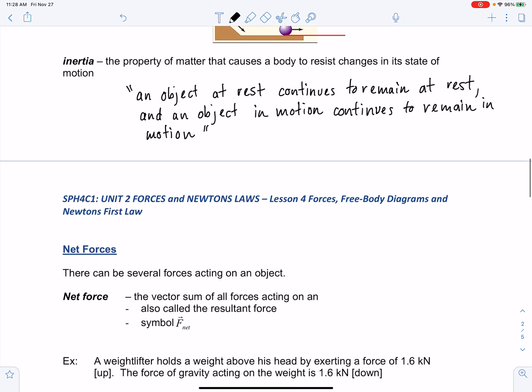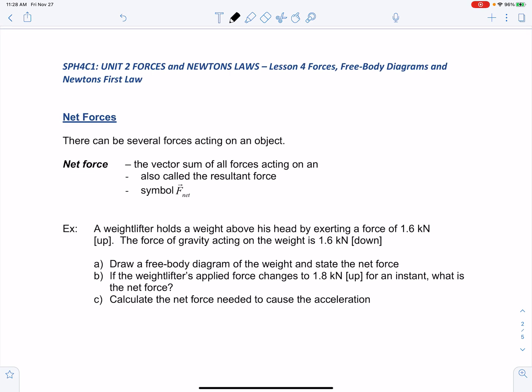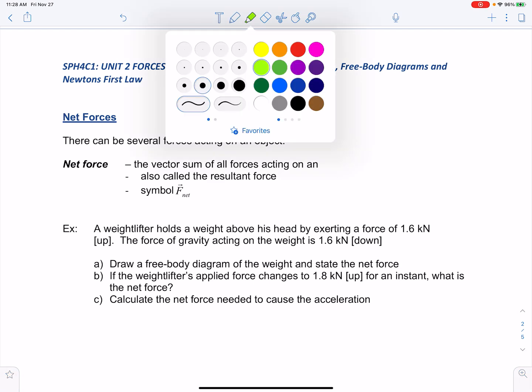As we move on, we're going to talk about a net force. Oftentimes there are several forces acting on an object, and these forces together cause an object to move in a particular way, in a particular direction. The direction in which they move depends on the net force. This is the sum of all of the forces acting on the object.